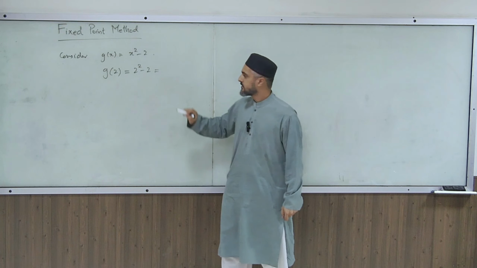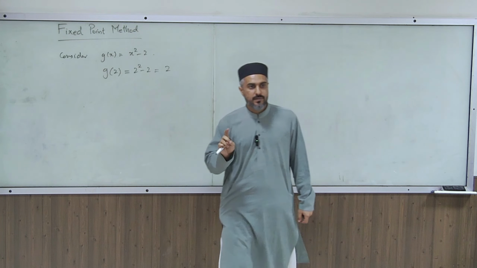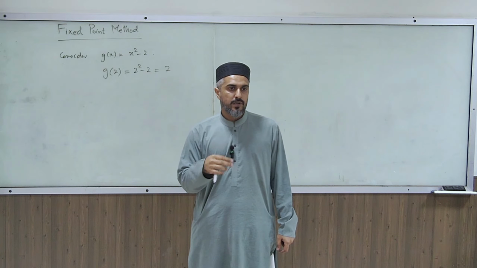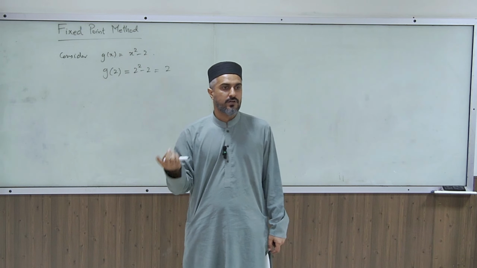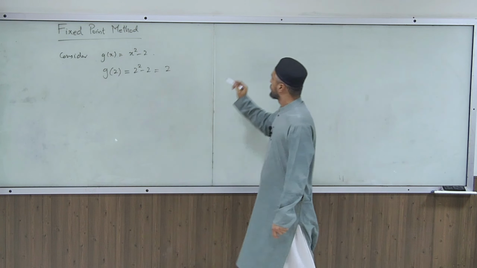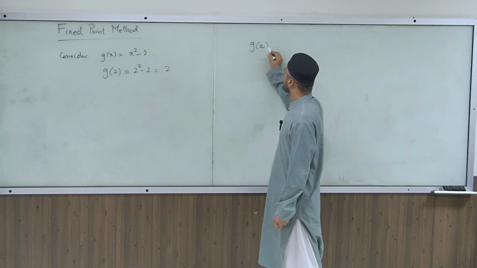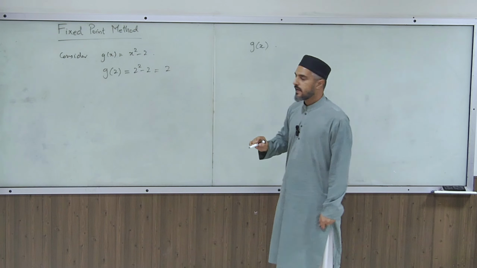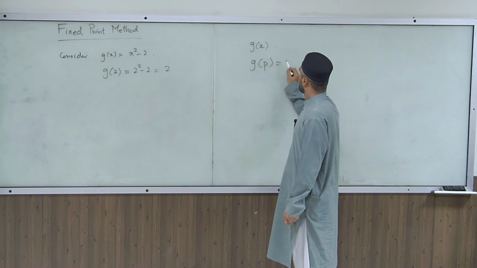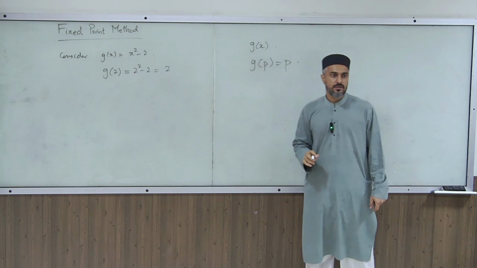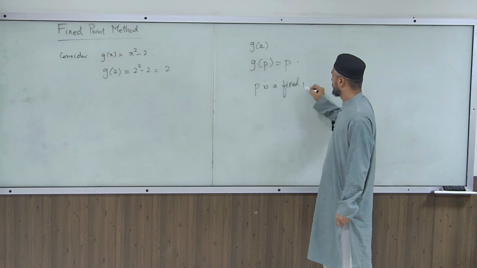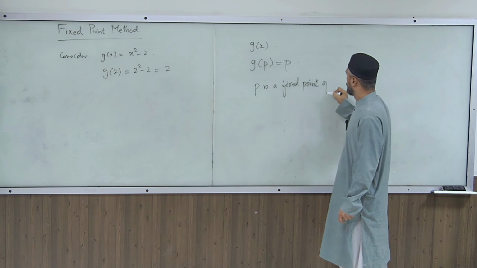What is the answer? 2. So input is the same as output. Whatever you plug in, you get the same result. For example, if I have a function g of x, and if I plug in a value p and the answer is p, it means p is a fixed point of this function.